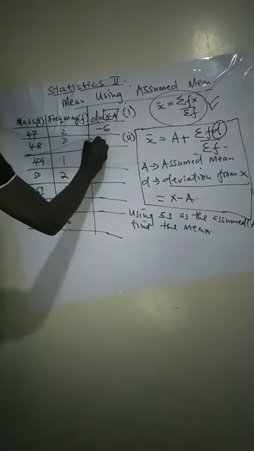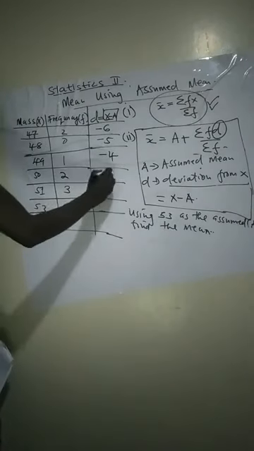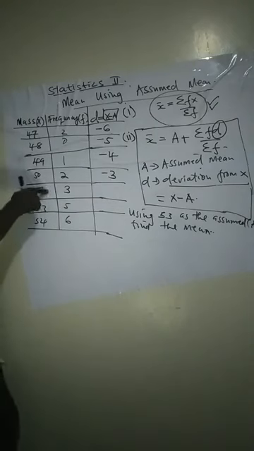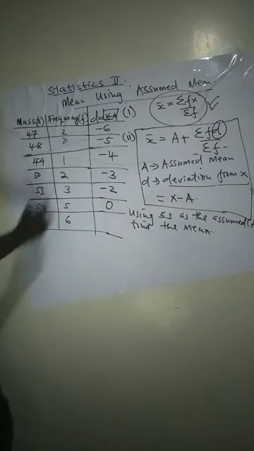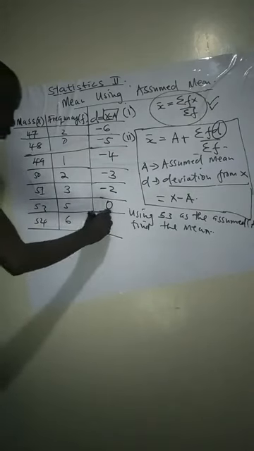Then we have 48 minus 53. That is going to give us negative 5. Then 49 minus 53 should give us negative 4. 50 minus 53, that gives us negative 3. 51 minus 53, negative 2. 53 minus 53, that is 0. 54 minus 53, that is 1. So we have the values of D.